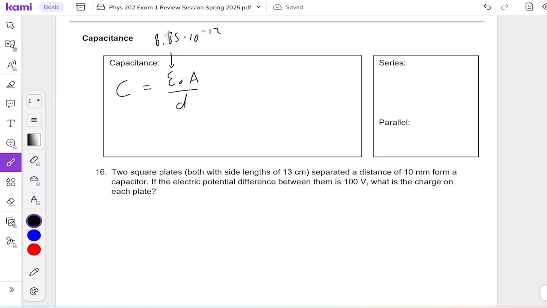That'll be on the equation sheet. A is the area of the plate. Remember earlier when I said you need to know those basic area formulas, like a circle and a rectangle? Yeah, that's where that comes in. And D is the distance between the plates.